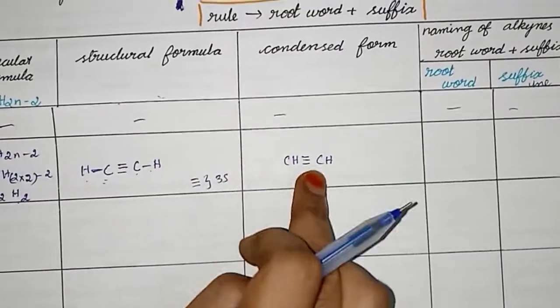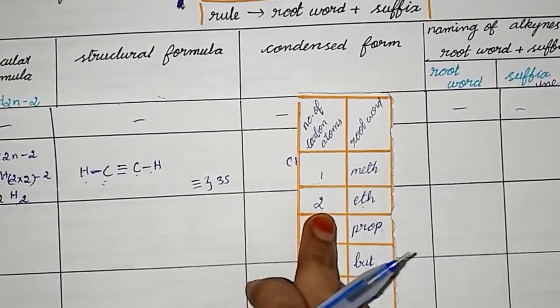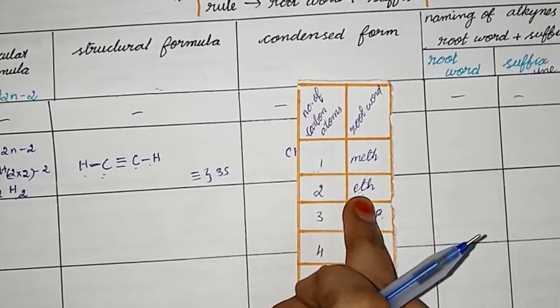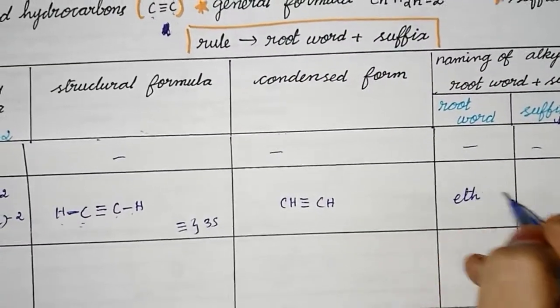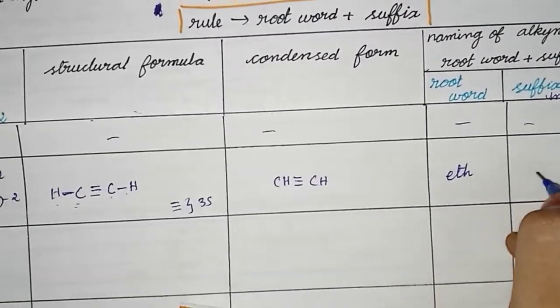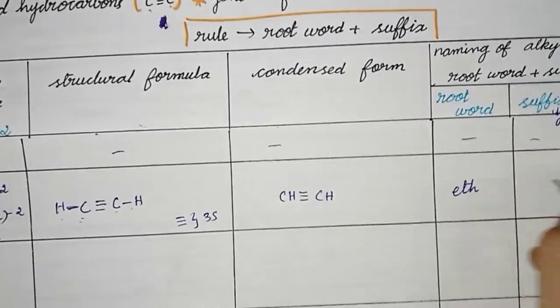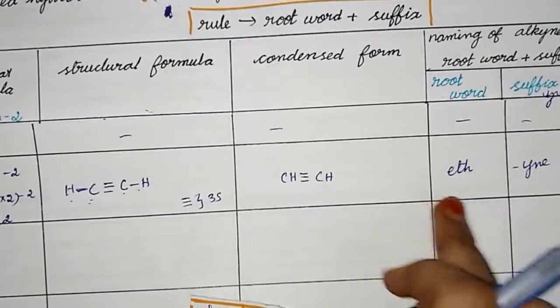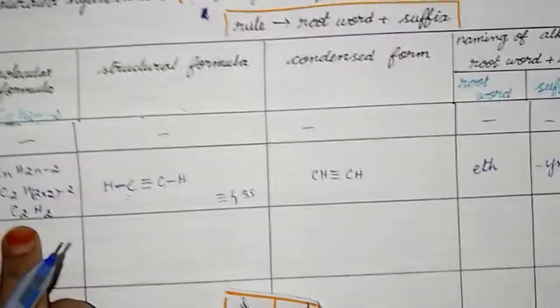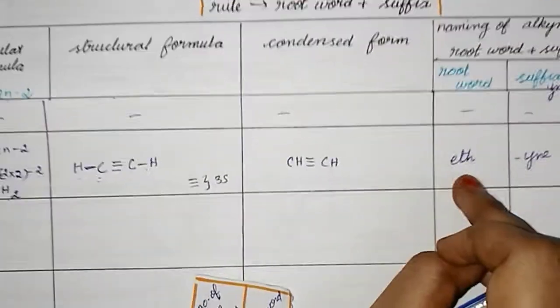Now the number of carbon is 2, so what is the root word? Eth. It is an alkyne, so what is the suffix? Yne. So what is the name for C2H2? Ethyne.